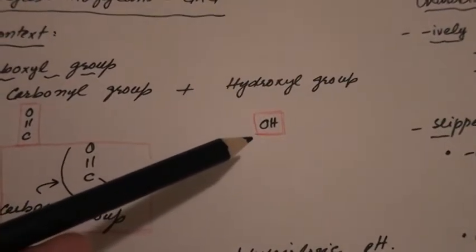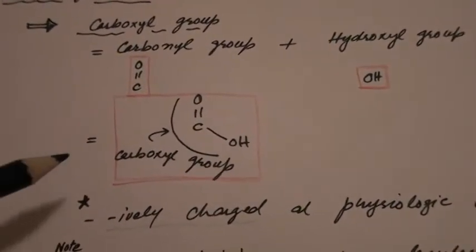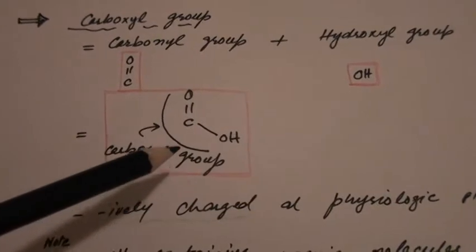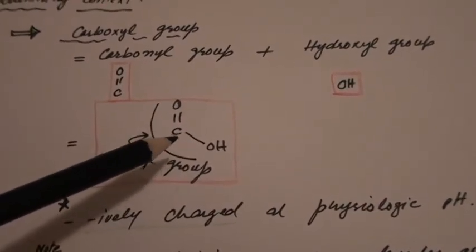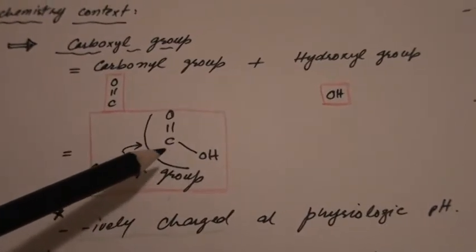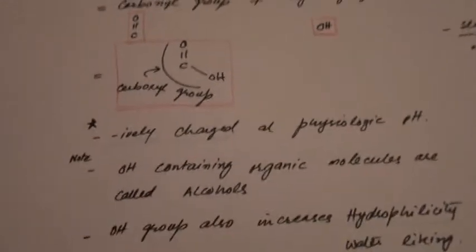And the hydroxyl group, as you know, is a negatively charged group as well when it is found in the ionic form. So here if you see, this is a carboxyl group in which a carbonyl group is attached to a hydroxyl group. Of course, there is going to be a side chain attached here as well. That is less important for our discussion at this moment.